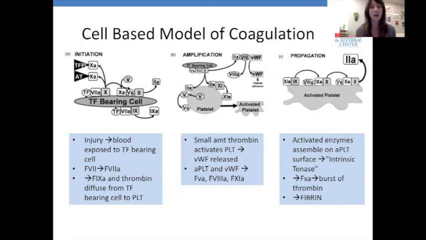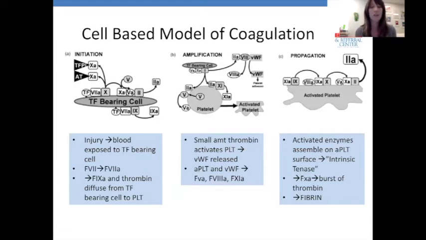That cell bears tissue factor, so it has tissue factor on the outside of it. And essentially that creates the beginning of clot formation. And so you've got factor 7, which is then activated because of exposure to this tissue factor bearing cell. And then that causes activation of factor 9.